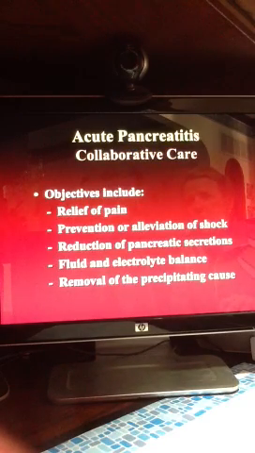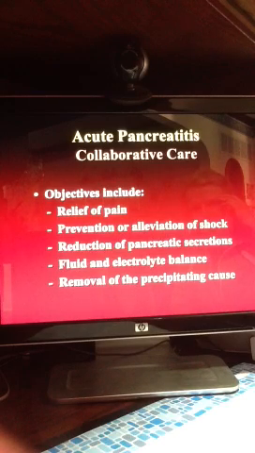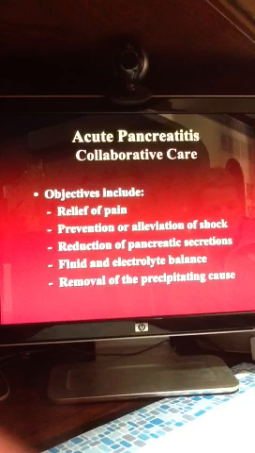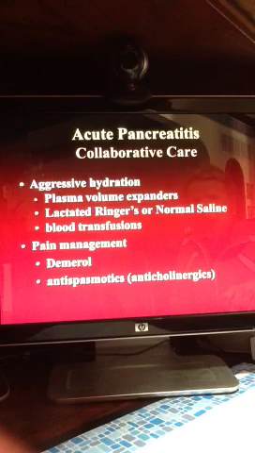The objectives of collaborative care: we're going to relieve pain. We've got to prevent or alleviate shock. You want to reduce pancreatic enzymes. You want to make sure the patient has fluid and electrolyte balance. And you want to remove the precipitating cause. So, aggressive hydration.